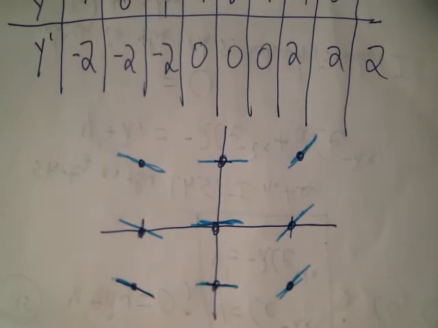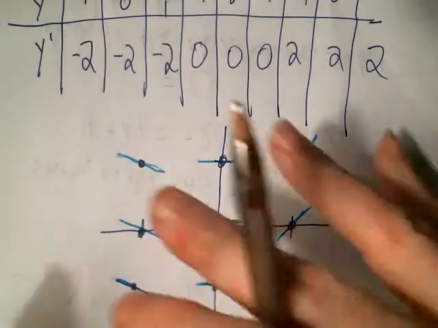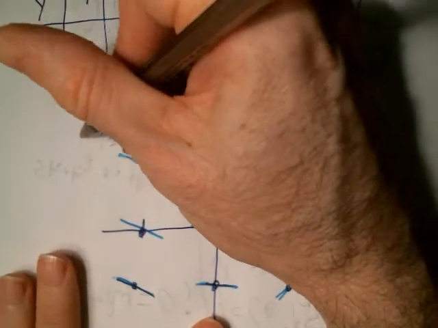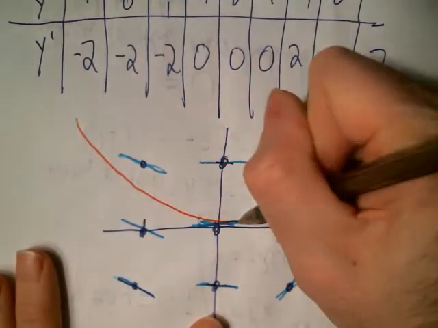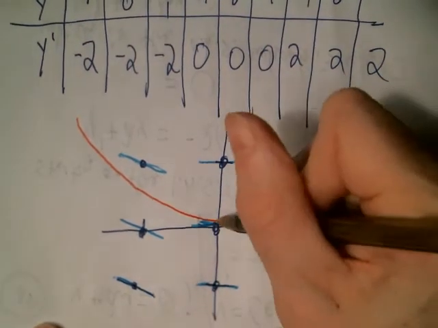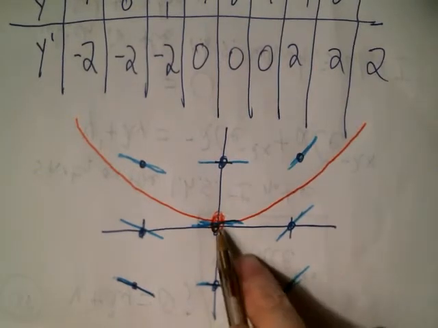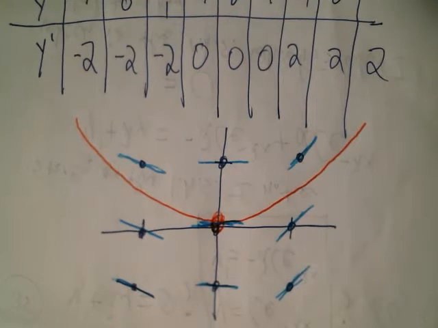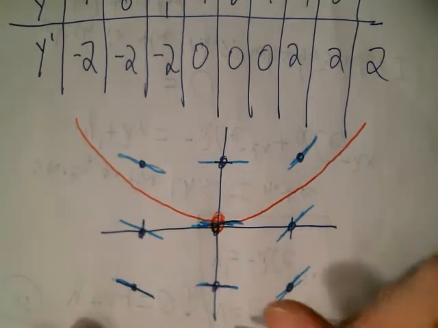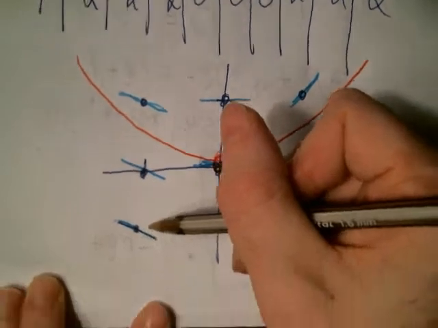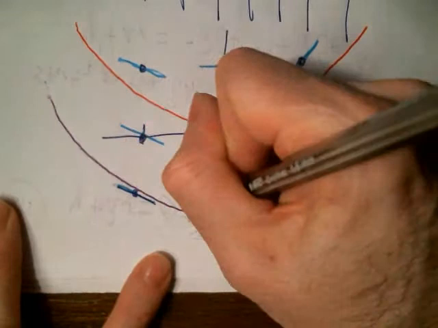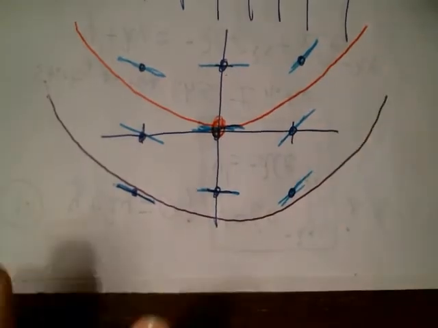The tick marks kind of serve as a maze, so to speak, where if you draw through it, you can get a picture of your solution for a particular point. If you wanted the particular solution that went through (0, 0), you might get something that looks like this. If you want the particular solution that goes through (-1, -1), over here, you'd probably get something like this, and so on.